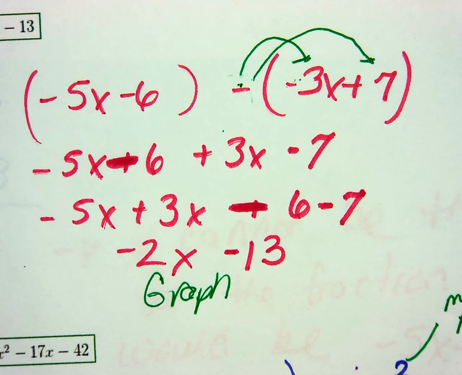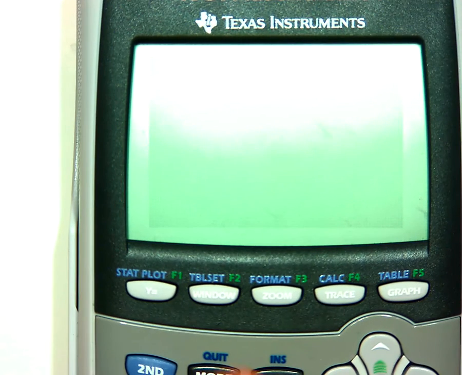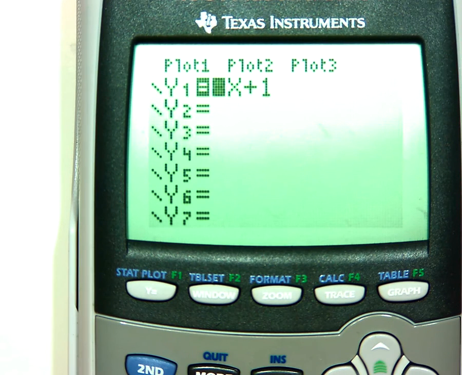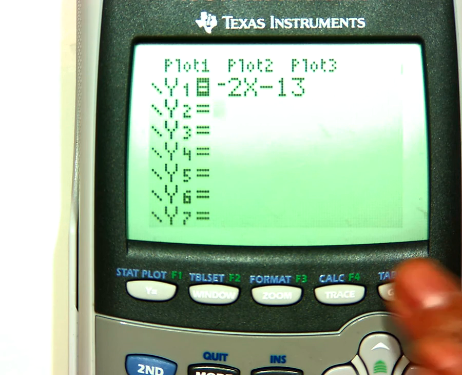We have to determine what the domain is. Remember, you're looking at your x values. So we're going to go back to the calculator, go to y equal, clear out your previous problem, and we're going to do negative, not minus, negative 2x minus 13. Hit enter to lock it in. We don't have to do the zoom standard anymore, so we can just graph it.